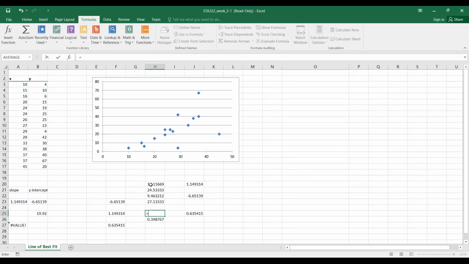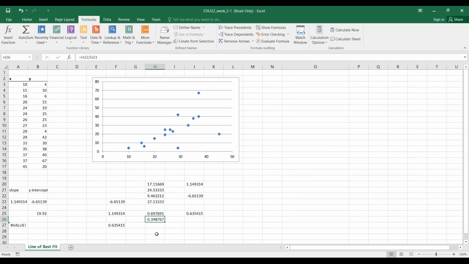That's going to be equals H20, the standard deviation, divided by H21. Enter that and we get 0.69.